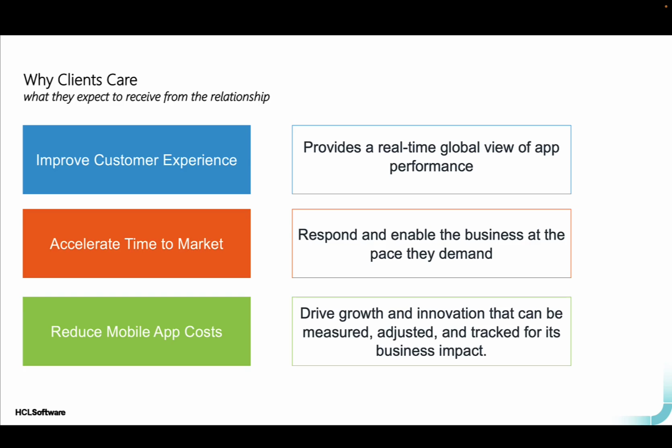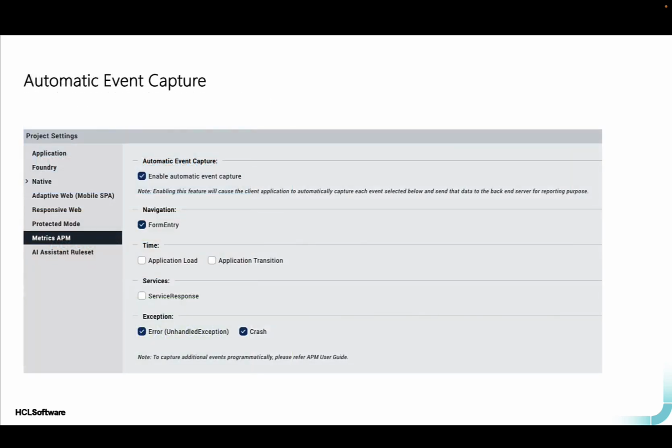So to help with all this, we built automatic event capture. From the application developer perspective, automatic event capture is as easy as just clicking a checkbox. They can turn it on and then click boxes on what other events they want to capture, including crashes and events. Not all event types are surfaced from the UI.